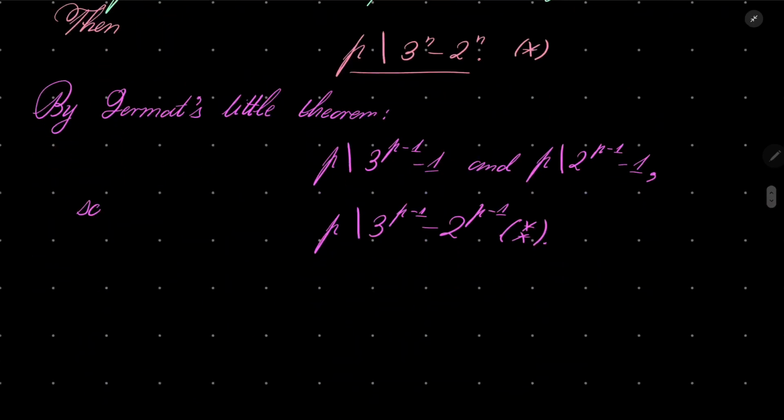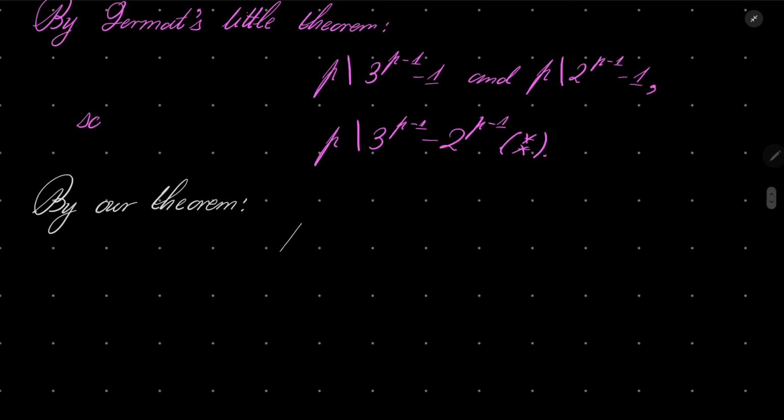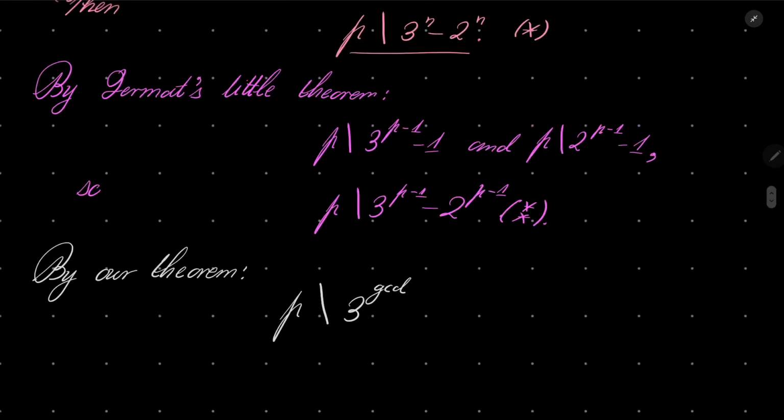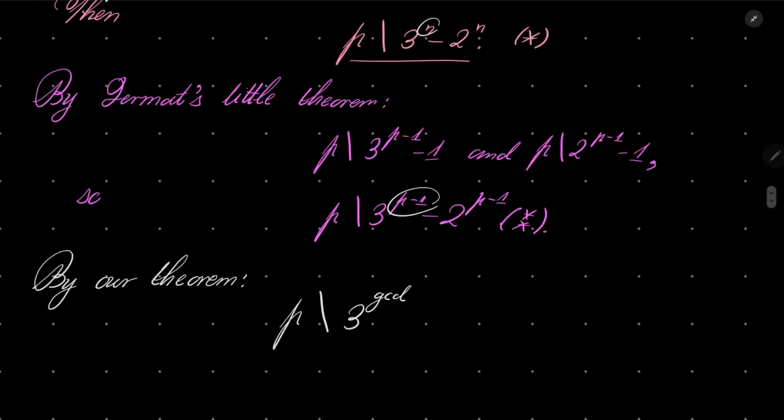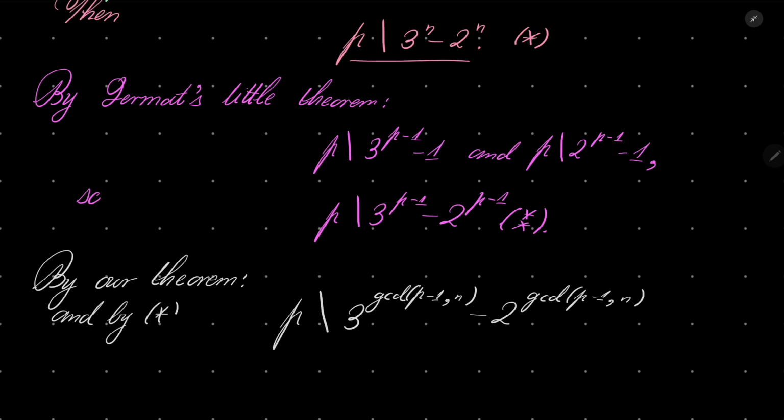So by our theorem, p must divide 3 to the power GCD of n and p minus 1, minus 2 to the power GCD of p minus 1 and n, by our theorem and by conditions asterisk and double asterisk.